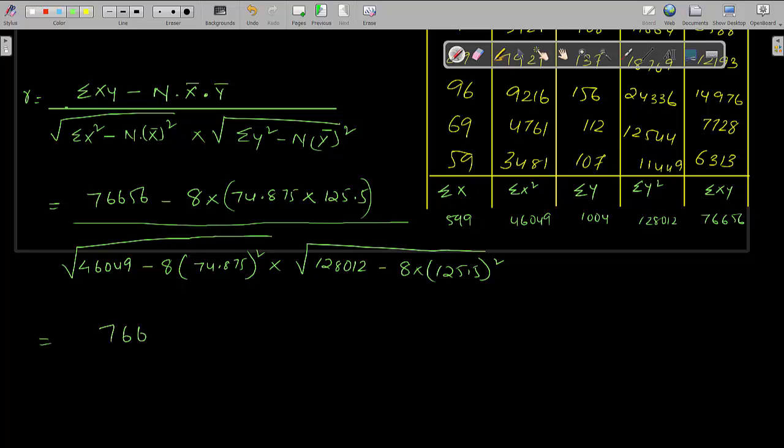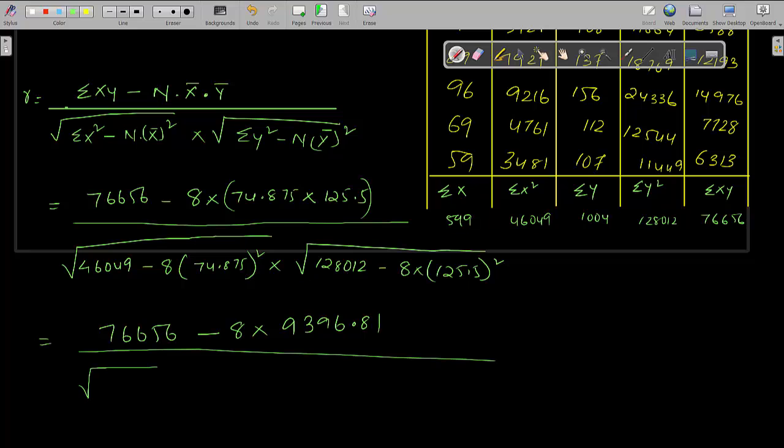Now 76656 minus 8 into, if you multiply 74.875 into 125.5, you should get 9396.81. Clear? Again, 46049 minus 8 into, if you square 74.875, you should get 5606.27.